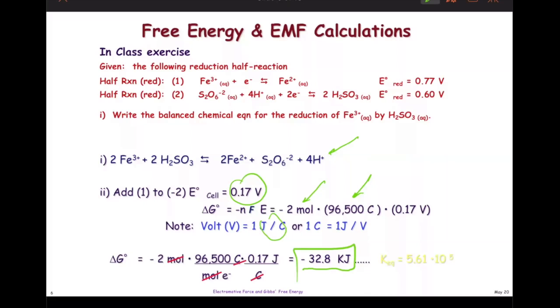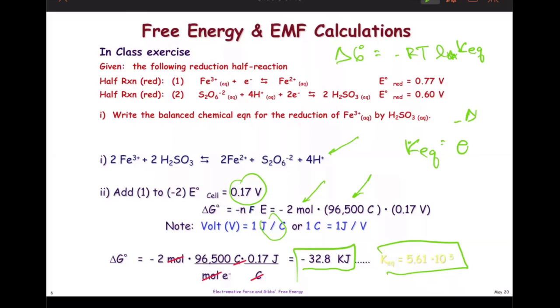And then you guys can figure out K equilibrium, because you know that free energy equals minus RT natural log K equilibrium. So K equilibrium is equal to e to the minus delta G0 over RT.